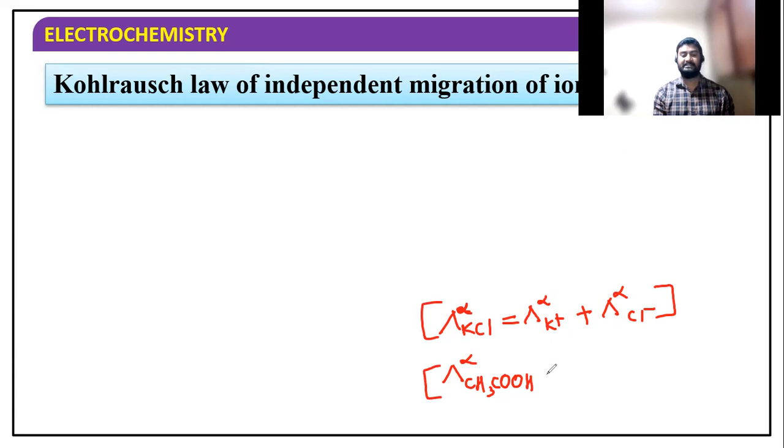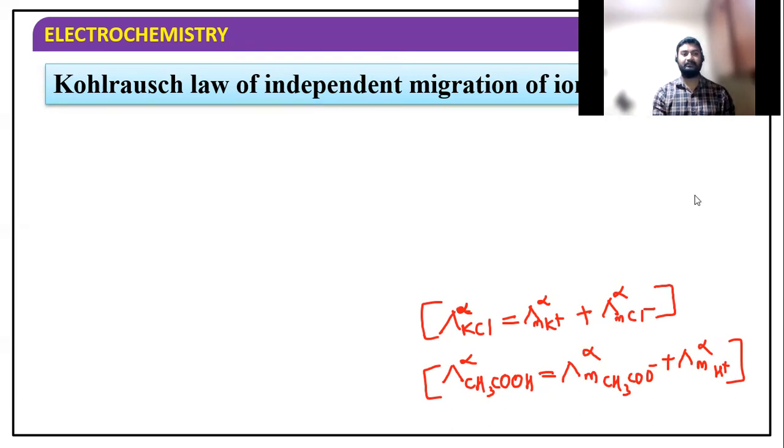So even for a weak electrolyte, it's going to be the summation of lambda infinity of the acetate ion plus lambda infinity for H plus ions. This m implies molar conductivity. So this is what Kohlrausch law tells us about.